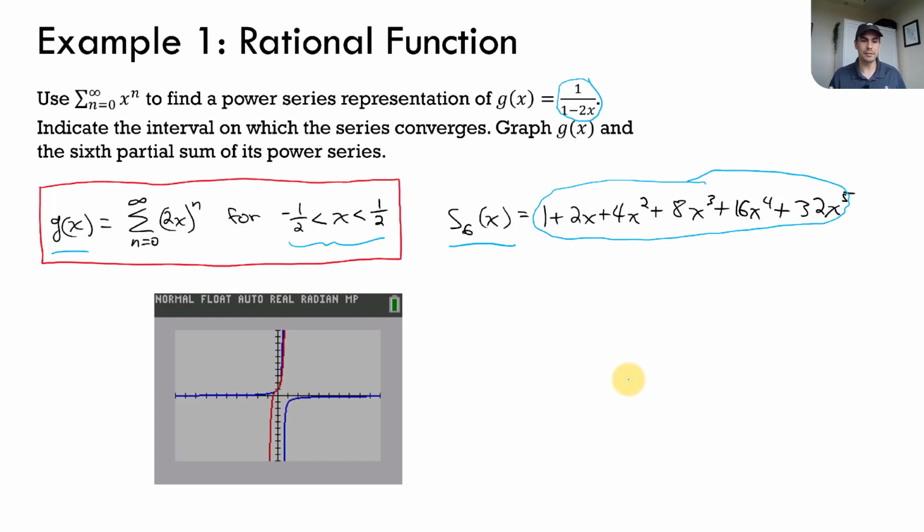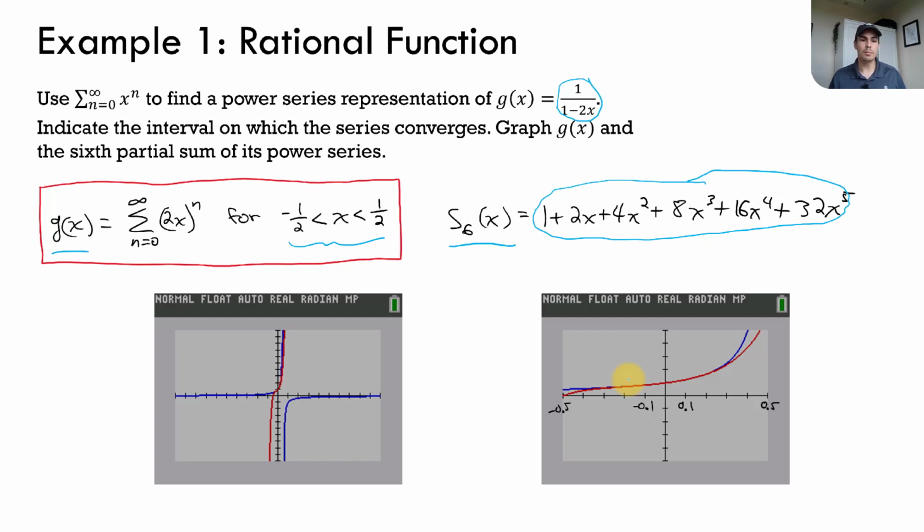My x values are going to go from -1/2 to 1/2, and we'll get a much better view of where we are converging. So when you're asked to graph your function with the partial sum, make sure you take into account the interval they are converging on and set that as your window domain, so you can get a very good idea of what's going on.